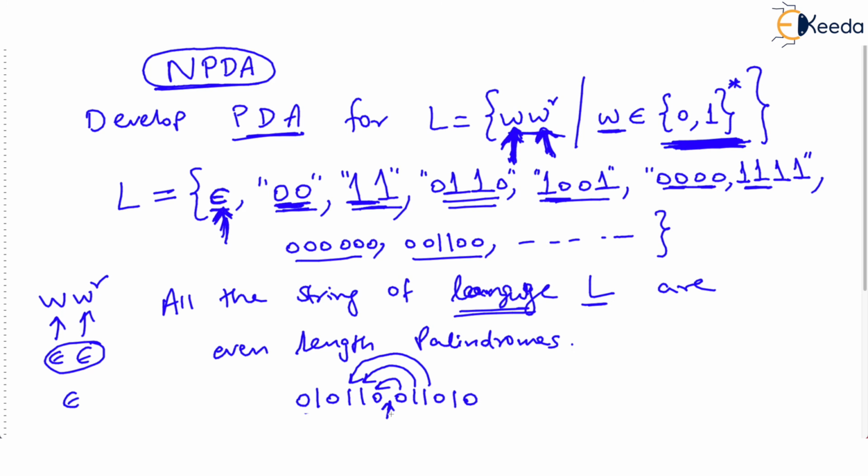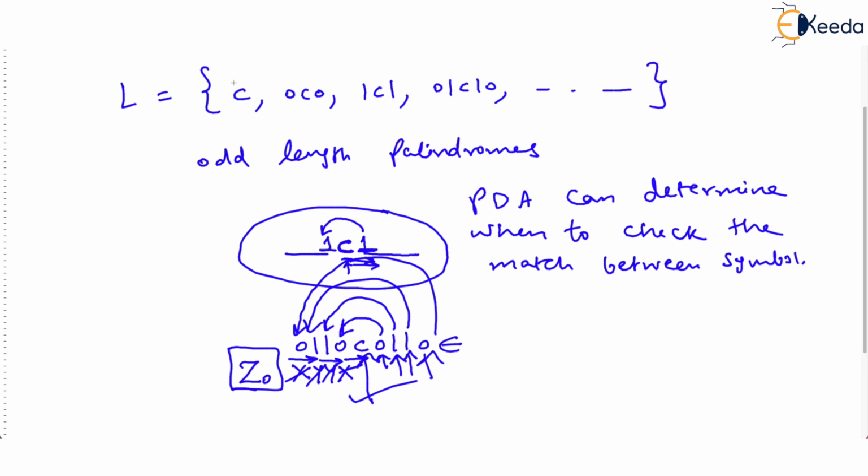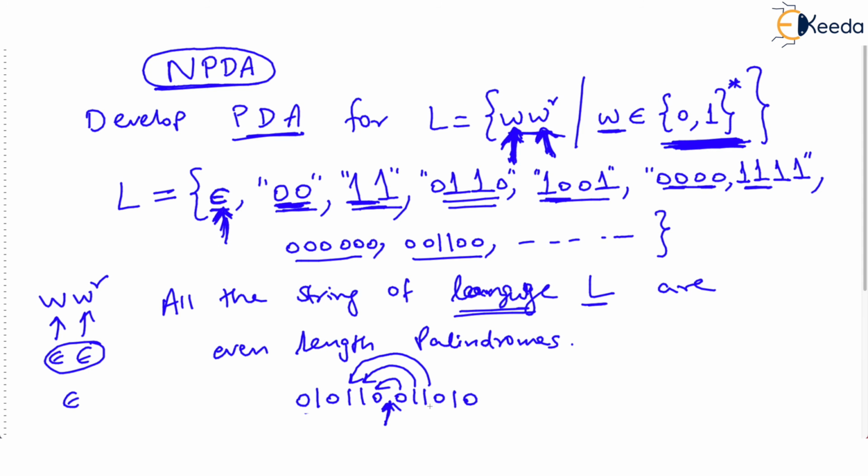But the problem is, how would the PDA come to know that it has reached the center? There is no constant character like C. Because there was a constant character C, the PDA could determine when to start matching the characters of the second part with the first part. Here we don't have any such center. Then this machine cannot be developed using DPDA.